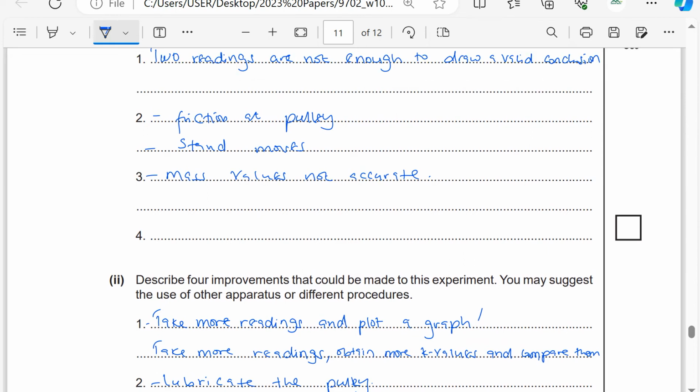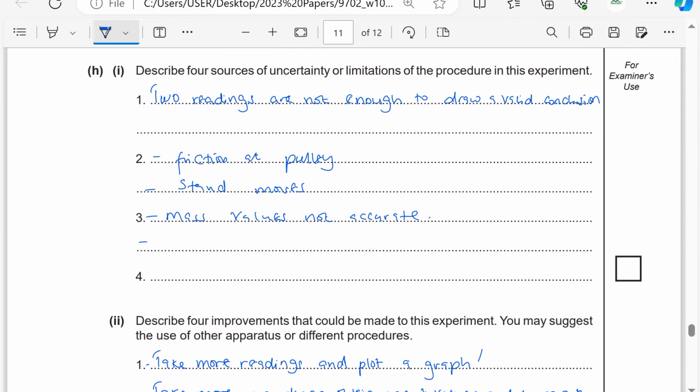Then the other one I expected was that it was difficult to judge the starting point. One student told me the masses hit each other. I observed that myself.